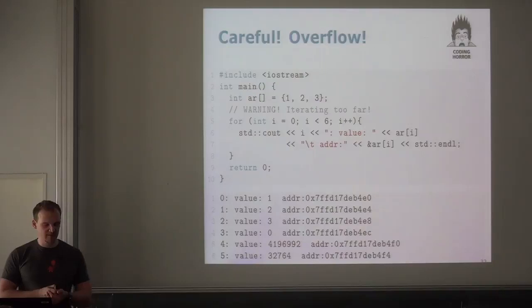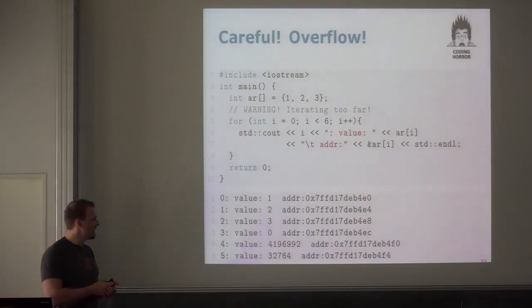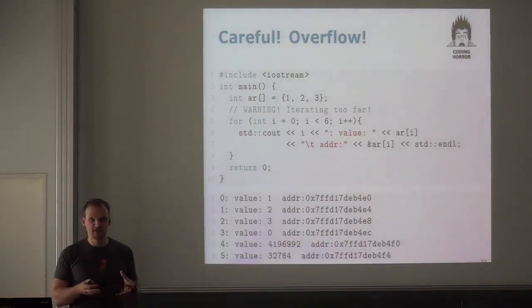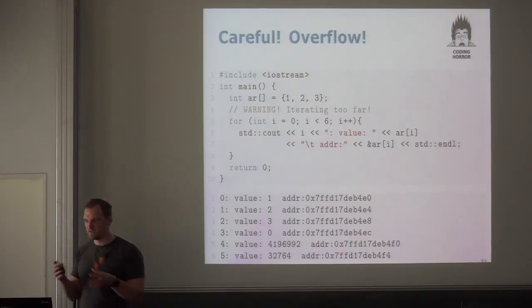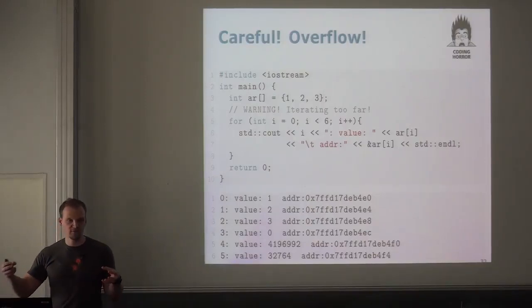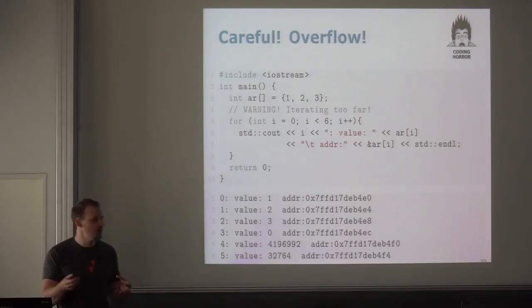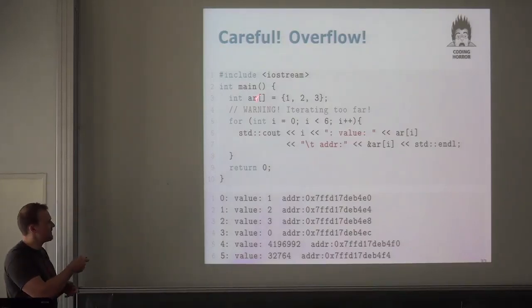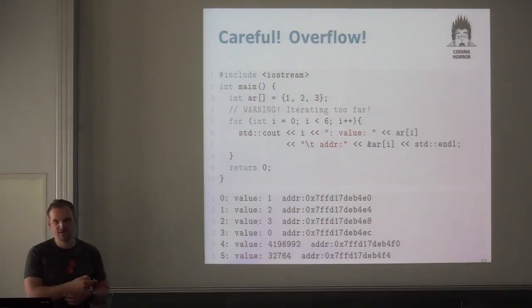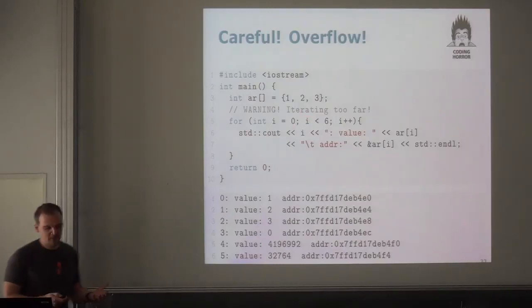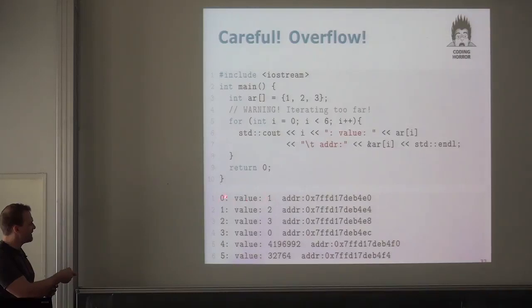Again, it's illustrating that memory is just a continuous chunk of boxes that store some value. So if I create an array of 3 elements of integers, but then I iterate up to 6 elements instead of 3, what will happen? I will have my 0 index, which will give me a value of 1, index 1, which will give me a value of 2, and again, these are the addresses.